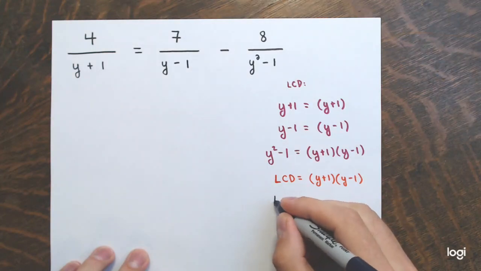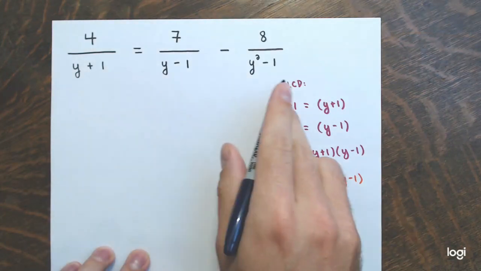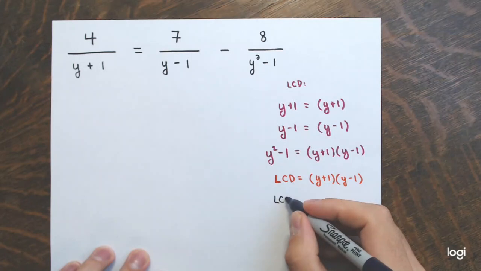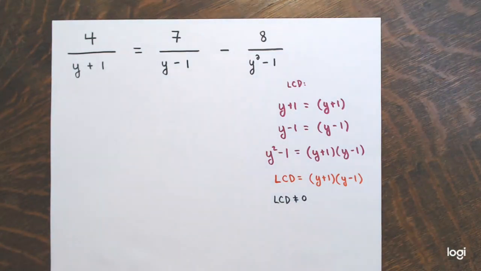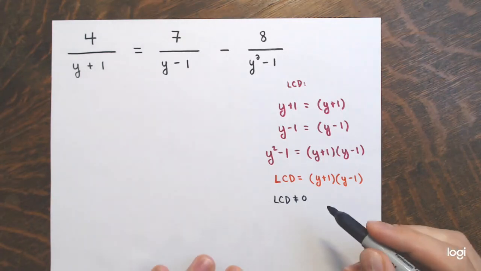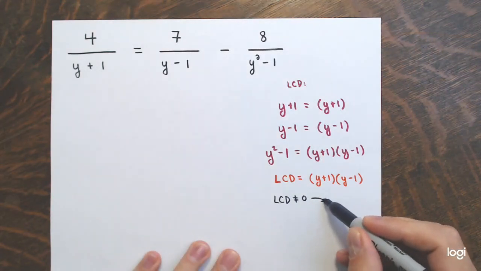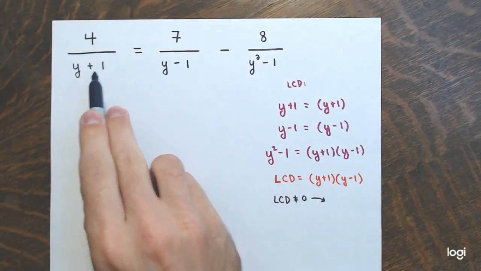And keep in mind that I'm going to be multiplying both sides by the LCD. We don't want the LCD to be 0 then, right? Because multiplying both sides of an equation by 0 does nothing for you. It just eliminates everything. You'd have 0 equals 0, and that doesn't give you any information about the value a variable needs to be to solve an equation. So we don't want the LCD to be 0, or any of these denominators to be 0.